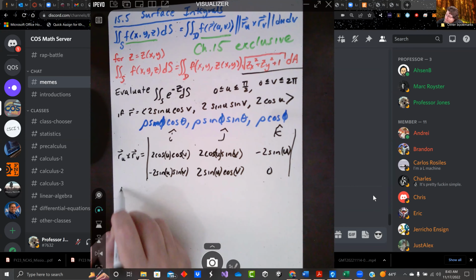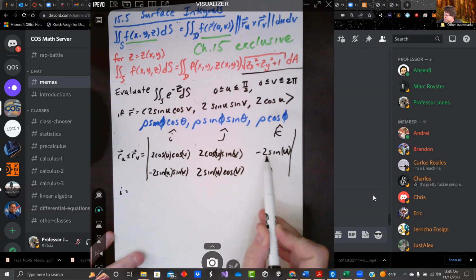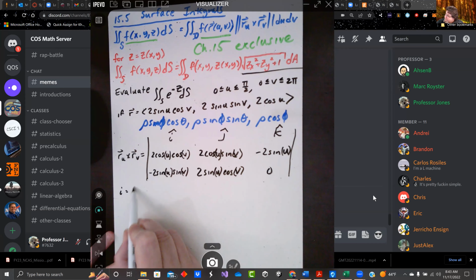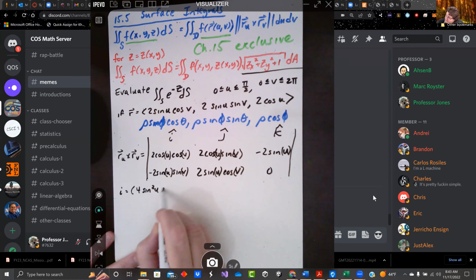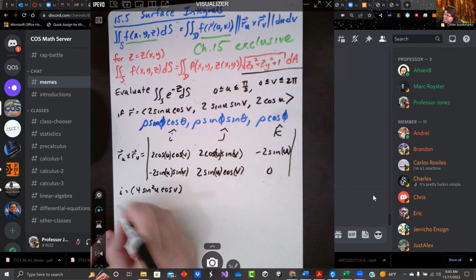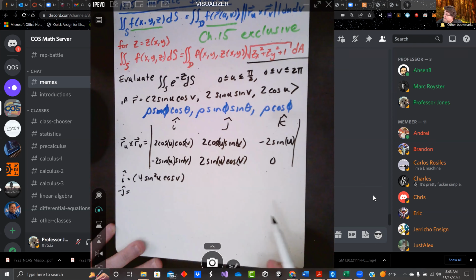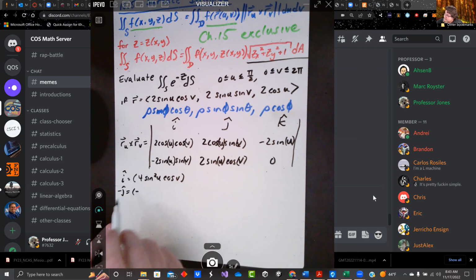So what's our i component? 0 minus, which is a plus, 4 sine squared u cosine v. And then I've got negative j hat. That component is 0, and then we've got a minus.